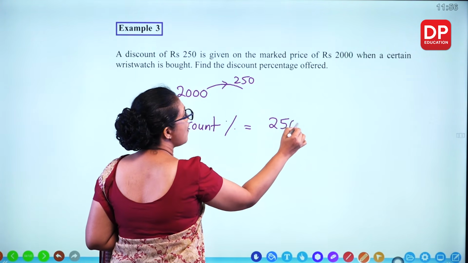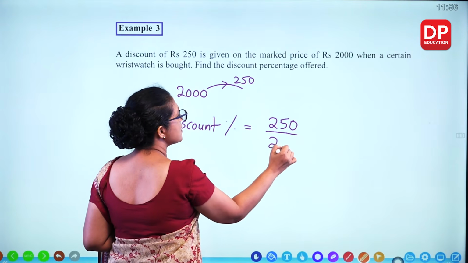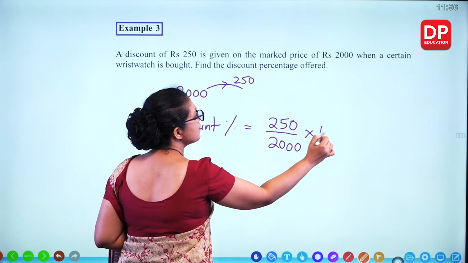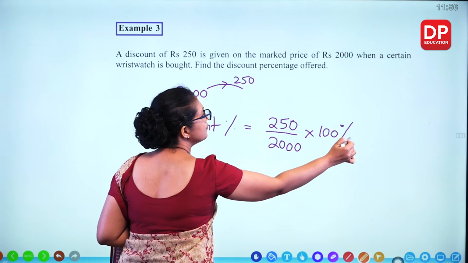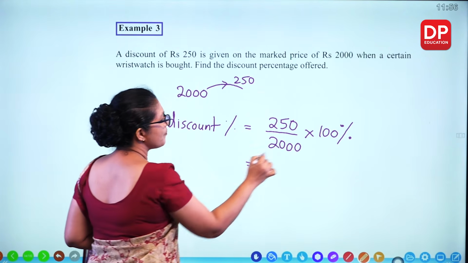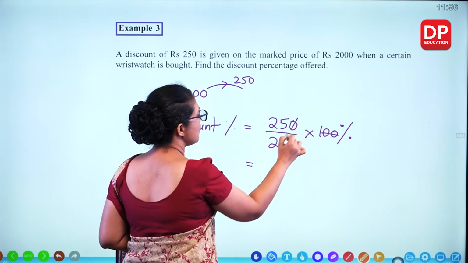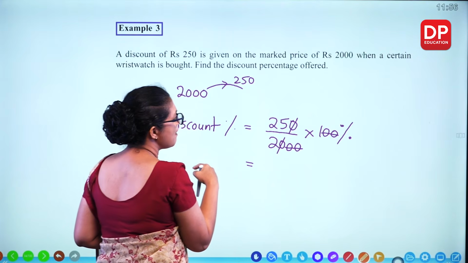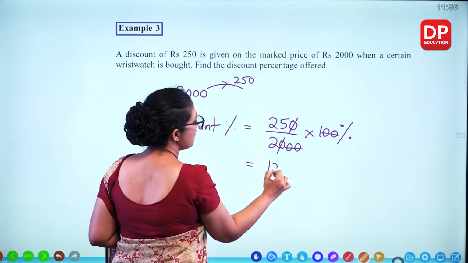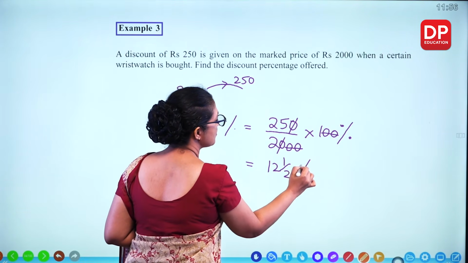Discount value divide by the marked price into 100. Two zeros and 1 0. 25 divided by 2, 12.5% discount.